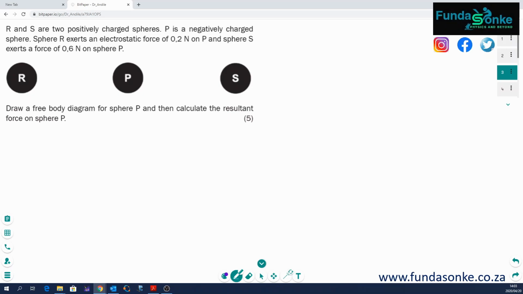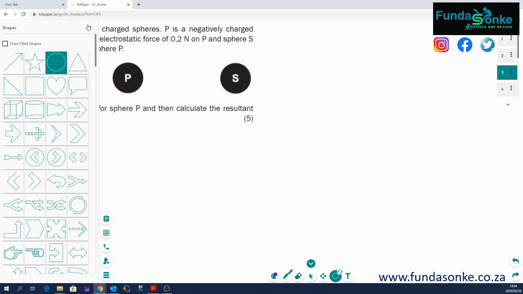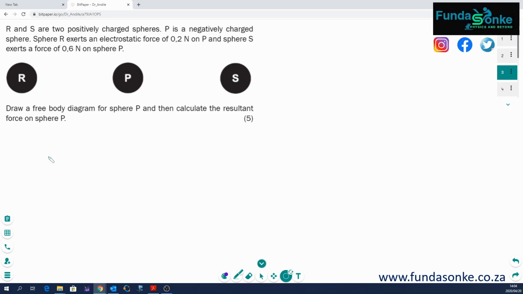Sphere R exerts an electrostatic force of 0.2 newtons on P, and sphere S exerts a force of 0.6 newtons on P. Draw a free body diagram for sphere P, and then calculate the resultant force on sphere P. So we're going to draw the spheres, just to illustrate.